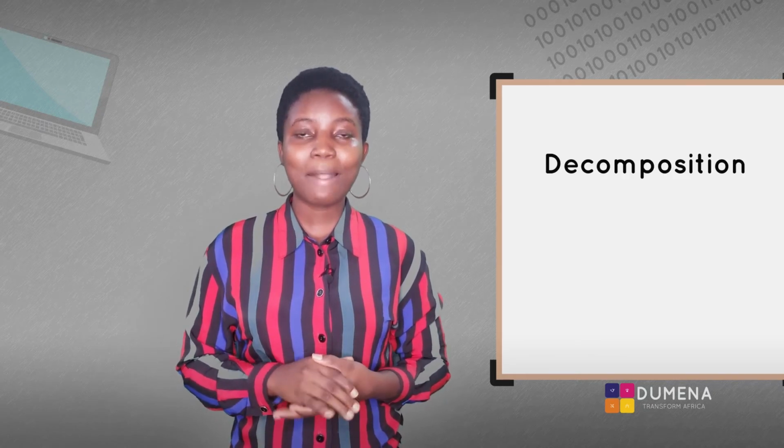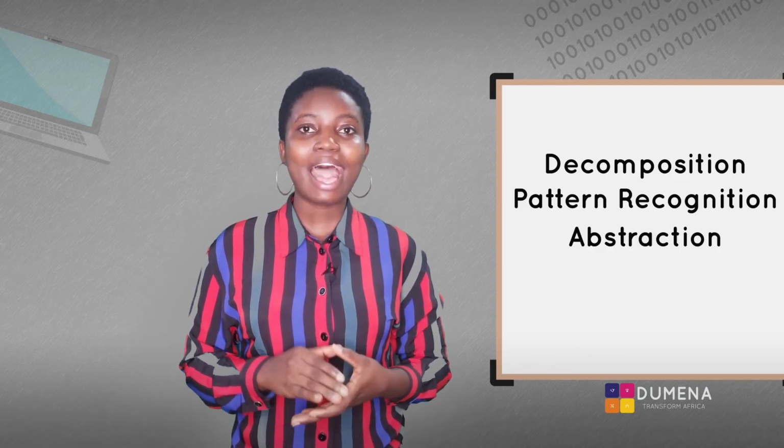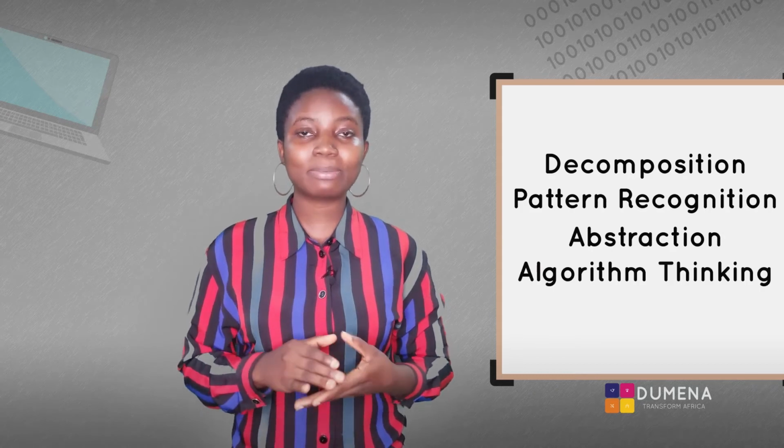During the course of this lesson, we talked about computational thinking and defined it as solving big problems using simple, easy steps. We also talked about the four components of computational thinking, which are decomposition, pattern recognition, abstraction, and algorithm thinking.